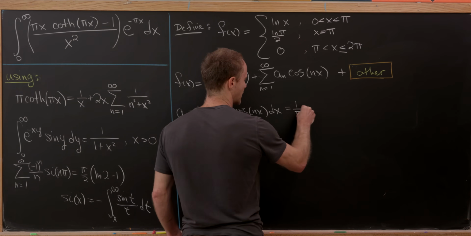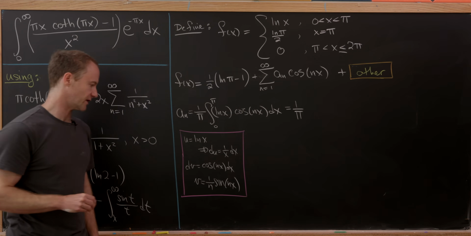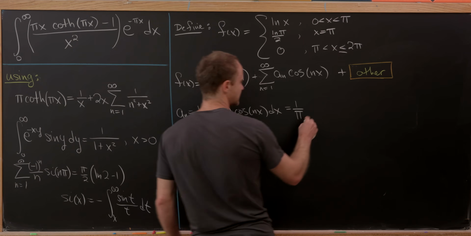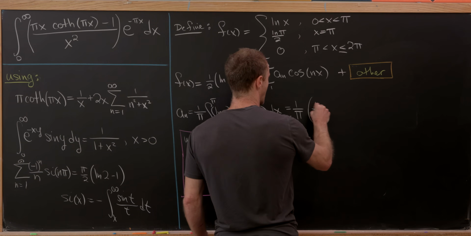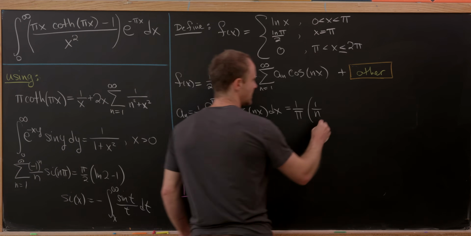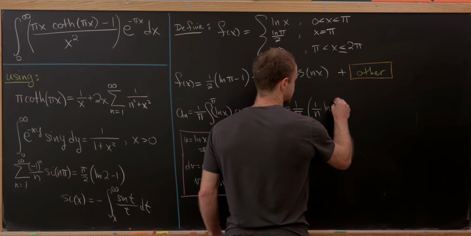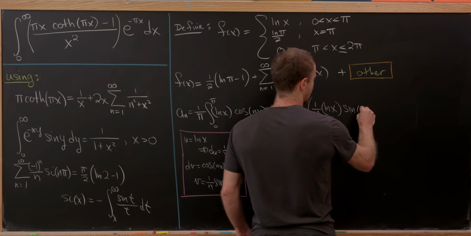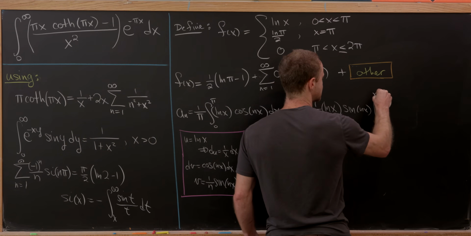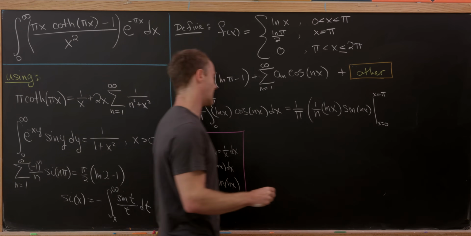So we have this 1 over pi thing that's coming for free. And then we'll have u times v. So that'll be 1 over n times the natural log of x times sine of nx evaluated from x equals 0 up to x equals pi.